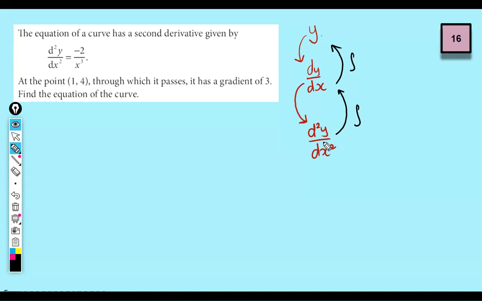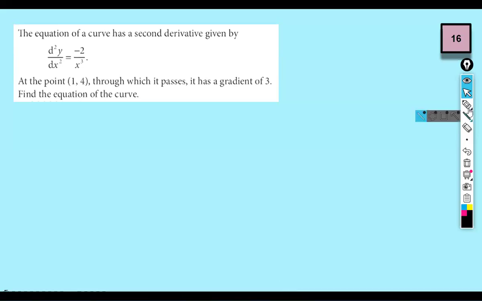So that means if you start off with d squared y over dx squared, and you want to get back dy/dx, you have to integrate. And if you are at dy/dx and you want to get back to y, you have to integrate one more time. Right, so that's my little hint for that question.